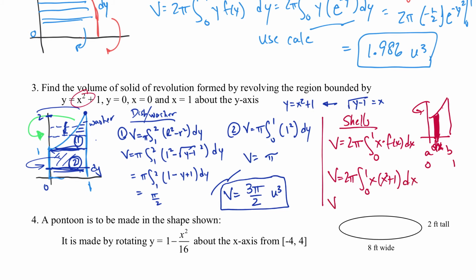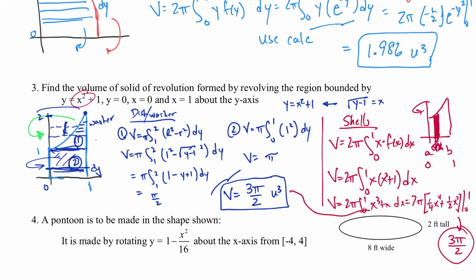And this comes out to be 2 pi, 0 to 1 of x cubed plus x dx, and that's going to be 2 pi times 1/4 x to the 4th plus 1/2 x squared on the bounds from 0 to 1, and that, when all is said and done, will give me 3 pi over 2, which is the same answer as I had there.